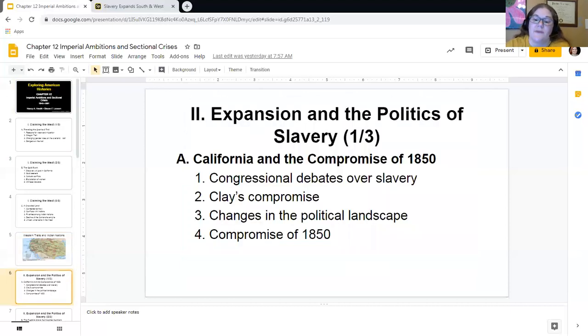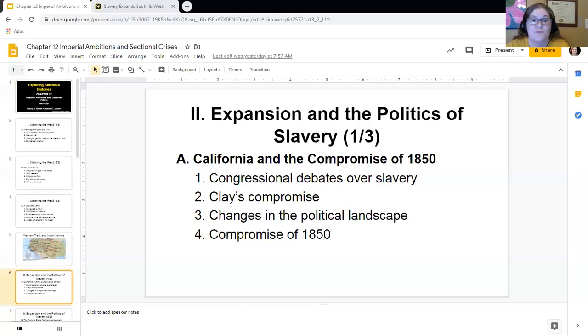So as we're expanding into the Western Territory, the question of statehood almost immediately arises. And so in 1849, 1 year after gold is discovered in California, California applies for admission to the Union or to the United States as a free state.